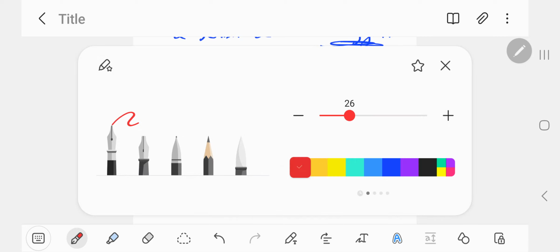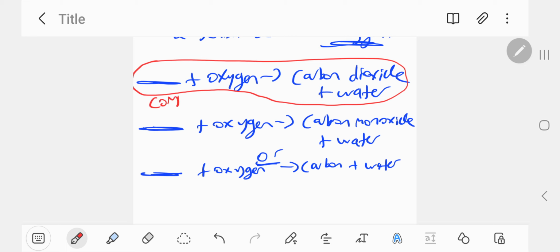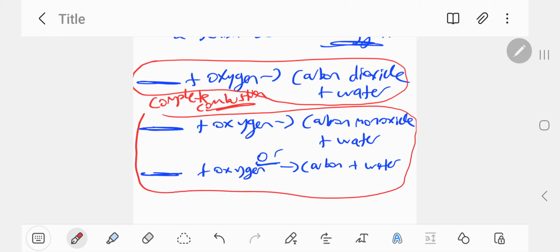When you've got a plentiful supply of oxygen, like that first equation here, that's called complete combustion. Complete because there's plenty of oxygen, you get carbon dioxide and water. These two here are the result of incomplete combustion, when there's insufficient oxygen reacting.